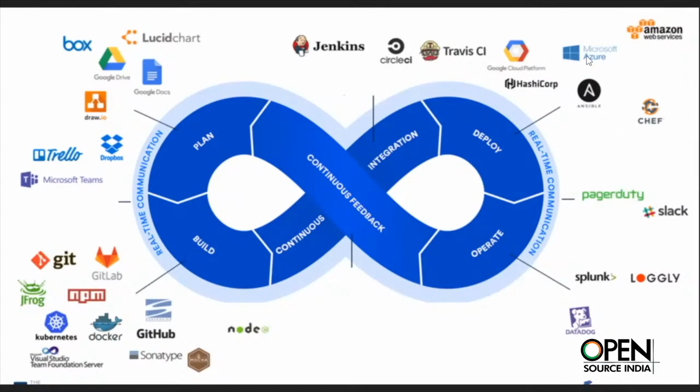We have GCP, Azure, AWS. Then we have the CI and CD tools: Travis, Circle CI, and Jenkins are used for CI. Ansible is used for installation. Slack is used for day-to-day communication and so on. These tools help us solve the various challenges which we face in deploying and integrating these microservices together to solve the business problem.